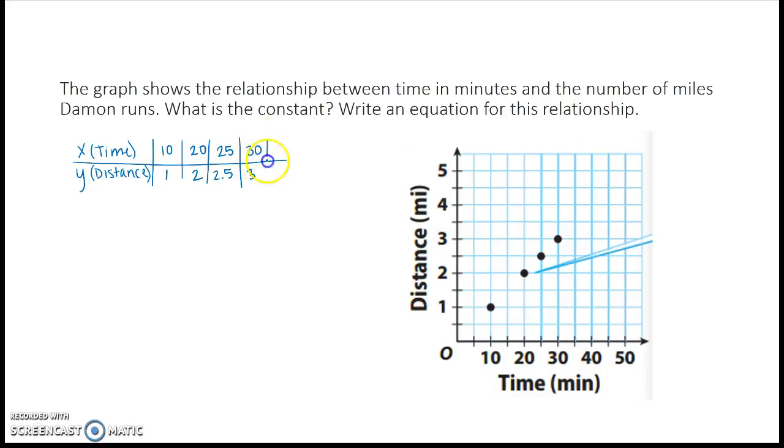So to find the constant, I can choose any one that I want. I don't like to work with decimals, so I'm going to choose this one. So k equals y over x. I'm going to take my y value, which here is 1, and put it over my x value, which is 10. So my constant is 1 over 10.